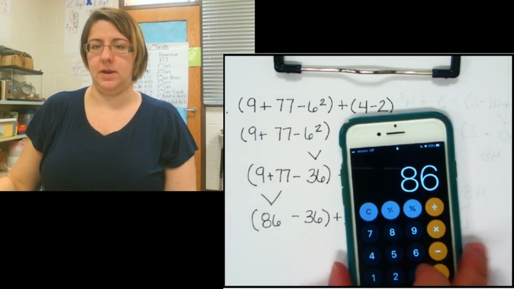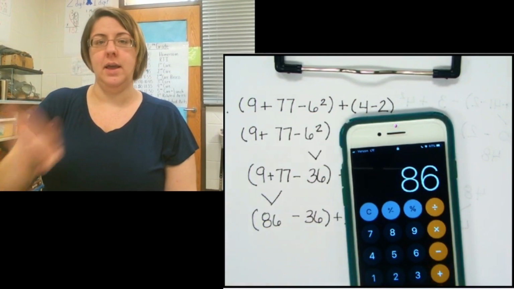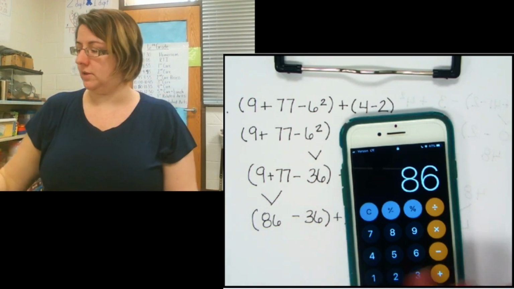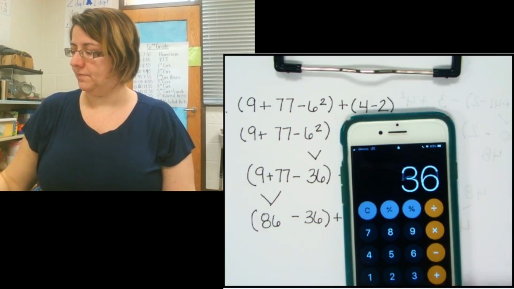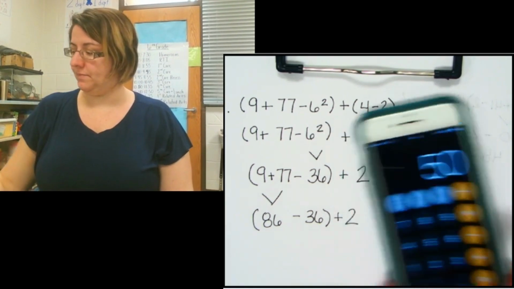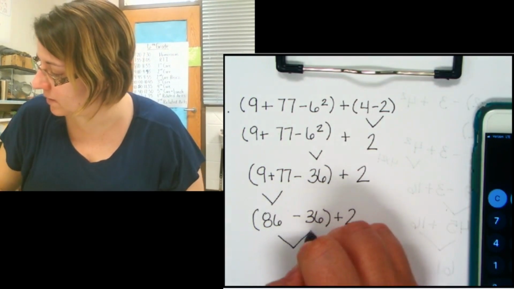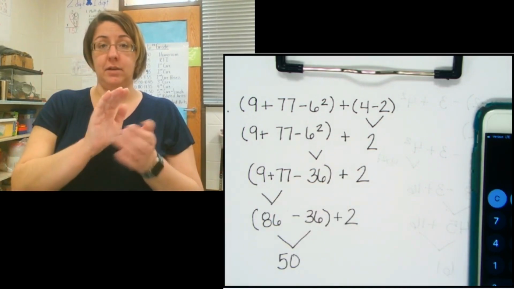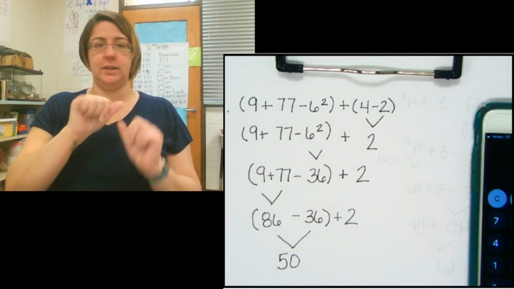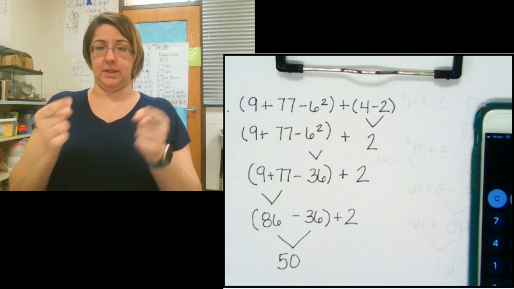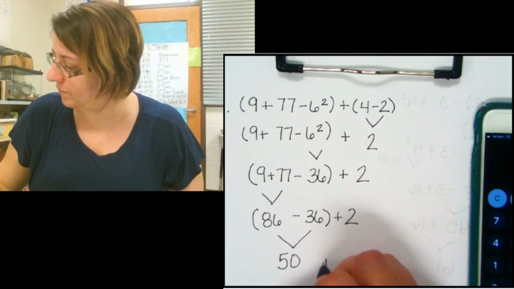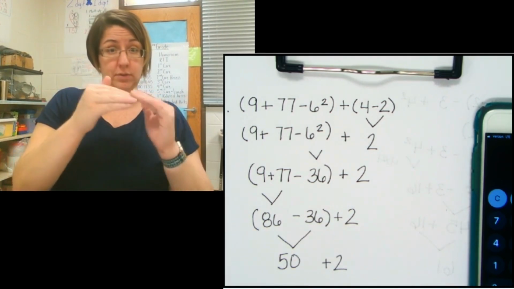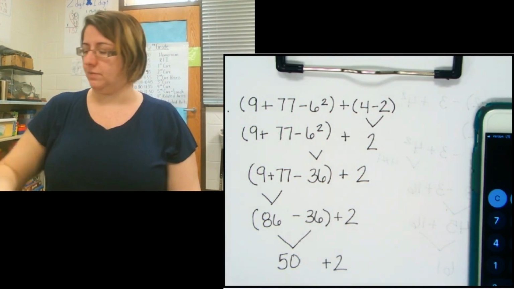So now 86 minus 36 equals 50. We are down to one number. We don't need to continue using our parentheses. So 50 plus 2 equals 52.